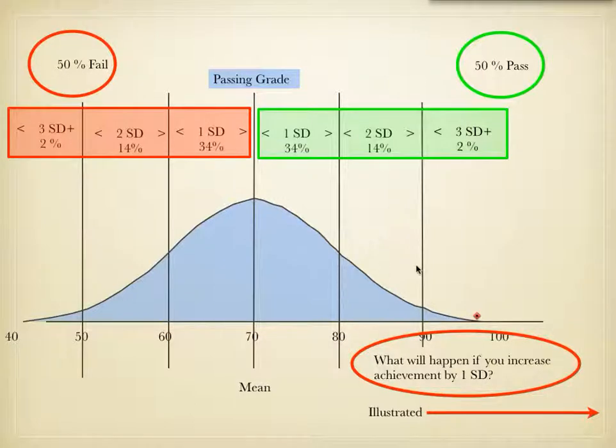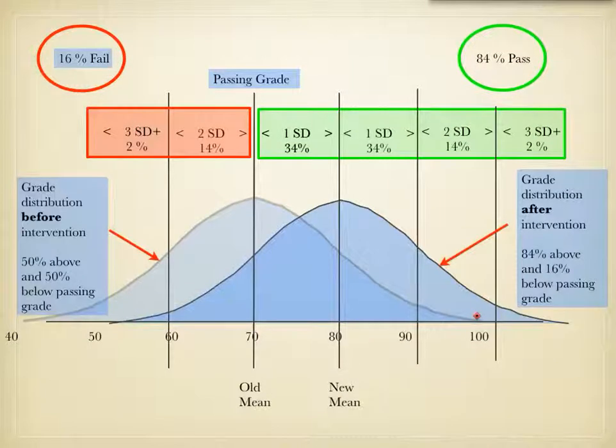And then 2 standard deviations away, well, another standard deviation will capture 14% of the population. The third standard deviation and beyond, another 2%. Same thing with below. The question is, what would happen if you increase achievement by 1 standard deviation? Well, if you did that, here's what the new distribution would look like.